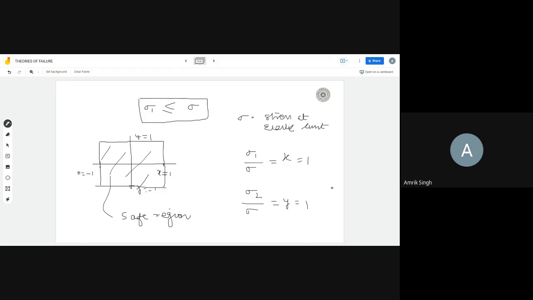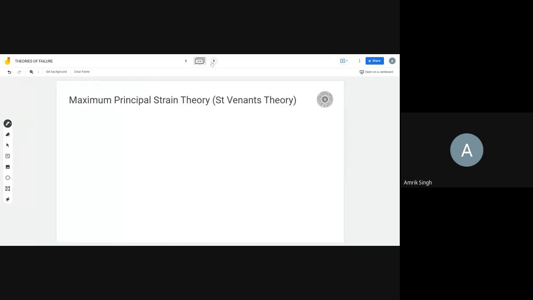Now the next is the maximum principal strain theory. It is also known as Saint Venant's theory. It is good for brittle material.